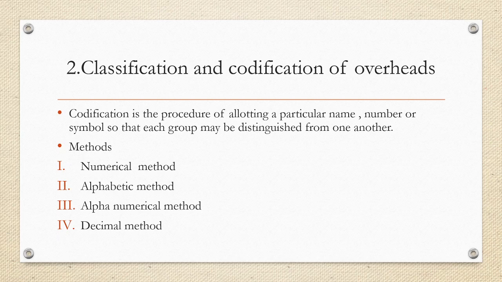So 201.1 is salary expenses of salesman grade 1, 201.2 is the salary expenses of salesman grade 2, 201.3 is the salary expenses of salesman grade 3. Similarly it goes on. So the different methods used for codification of overheads are the numerical method, alphabetical method, alphanumerical method, and the decimal method.